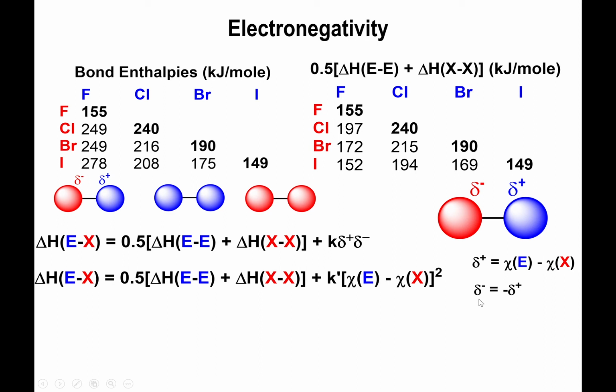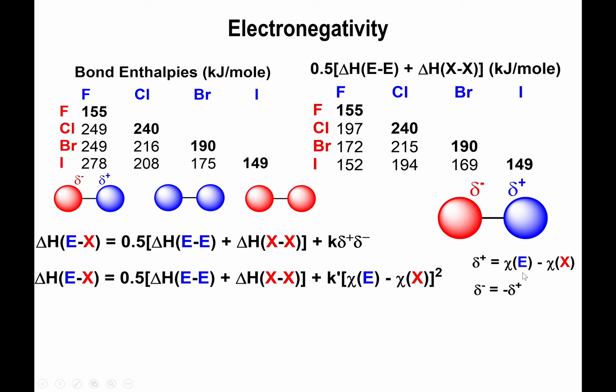So you could say that the ionic contribution is simply a constant multiplied by the charge of the positive species times the charge of the negative species, in accordance with Coulomb's law of electrostatic attraction or repulsion, depending on which charges you're dealing with.